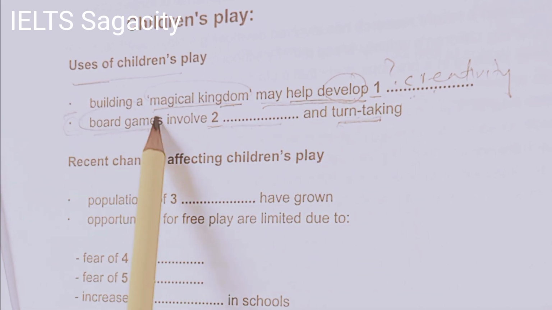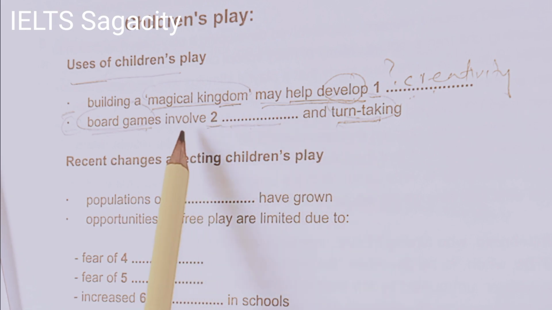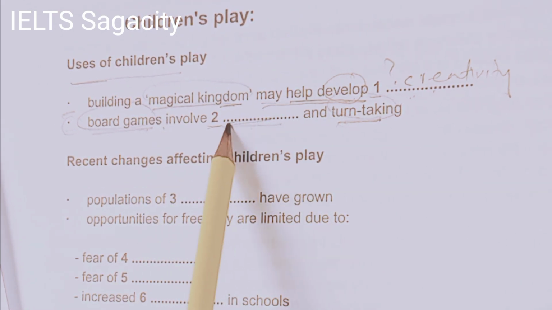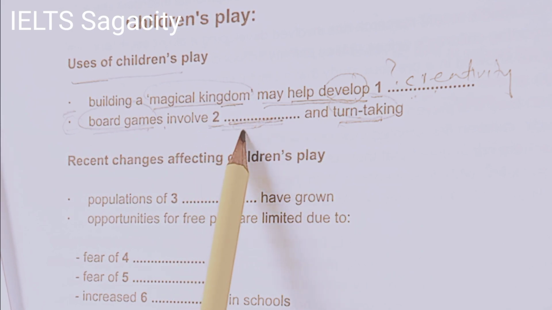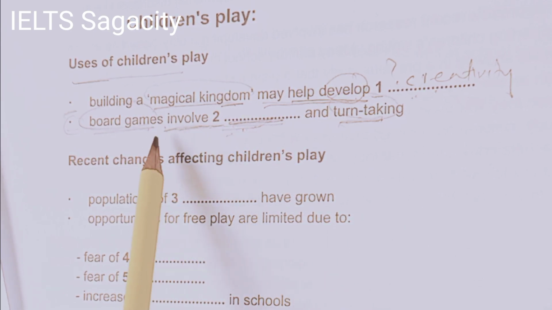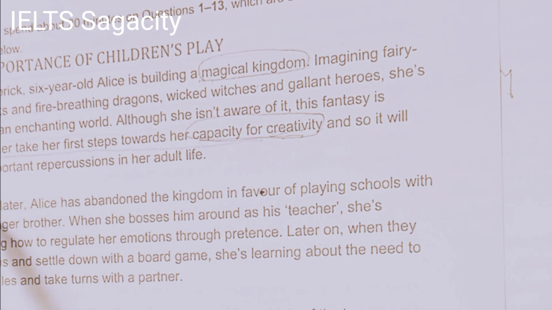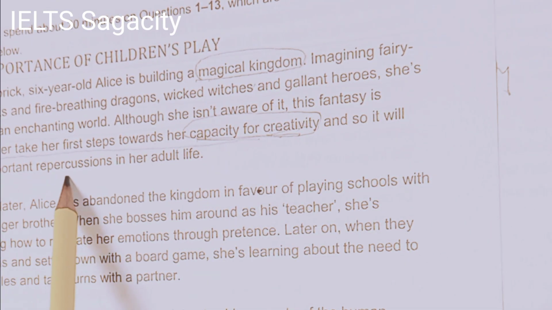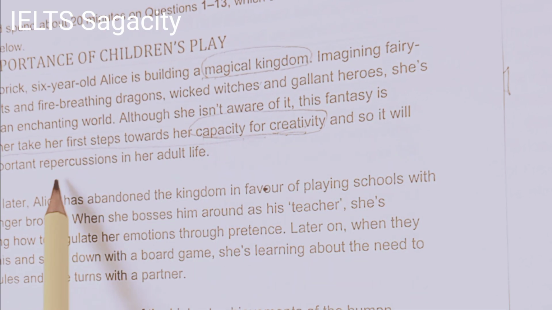So board games and turn taking are our keywords and key phrases, and now we're going to find out what else, what is the other idea or the activity or the function or whatever the noun it is that board games involve. So we'll have to look for the answers from the previous point and onwards.